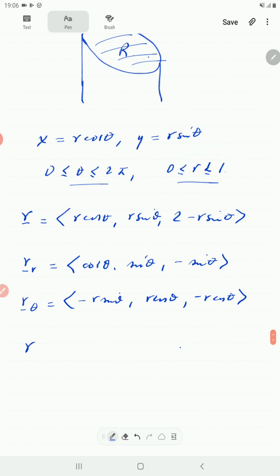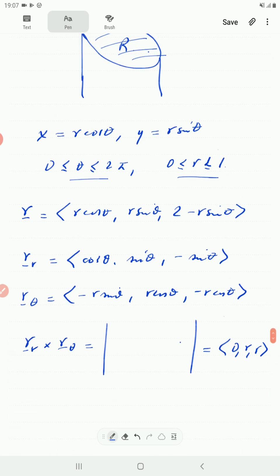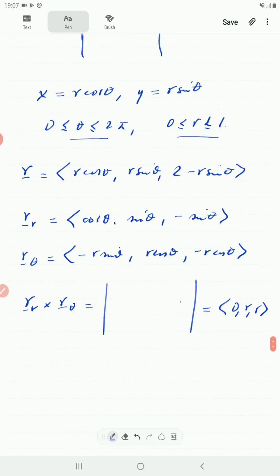Then we are going to do r_r cross r_theta. Okay, if we do that, as usual, it's going to give us 0, 0, r. Okay, this is pointing upwards because z is positive, which is not a problem.